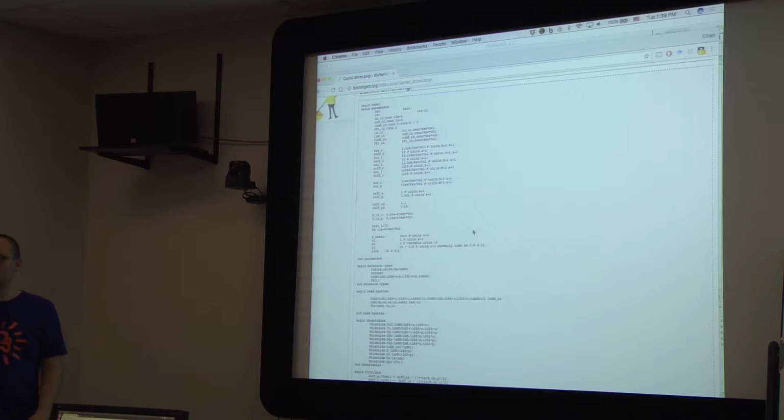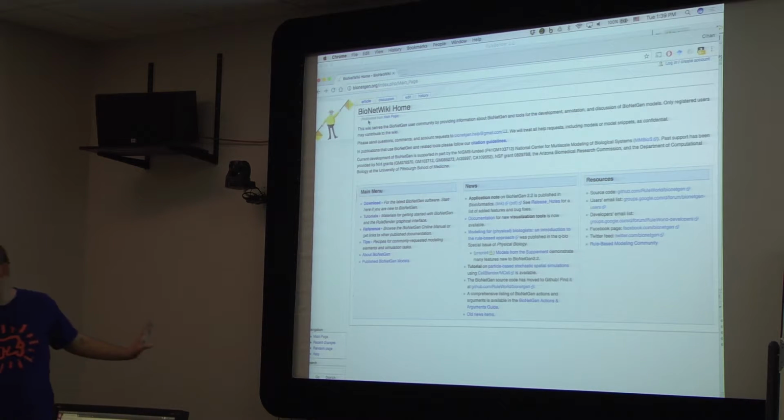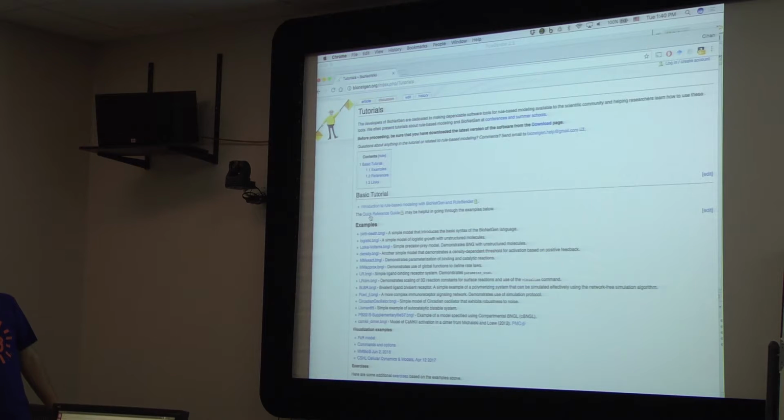This is the model. In the tutorials, if you go to examples, it is the bottom one.